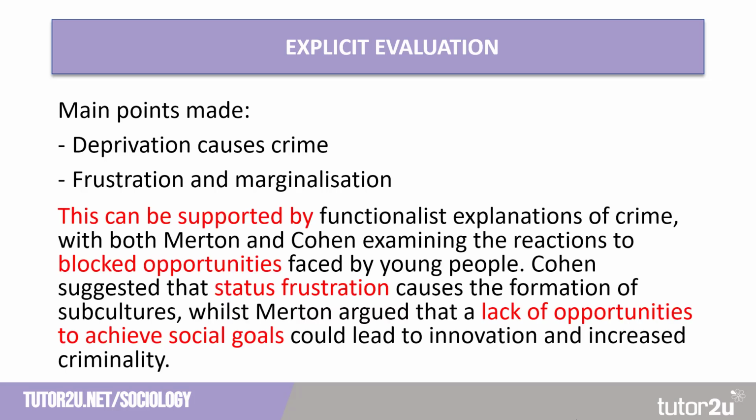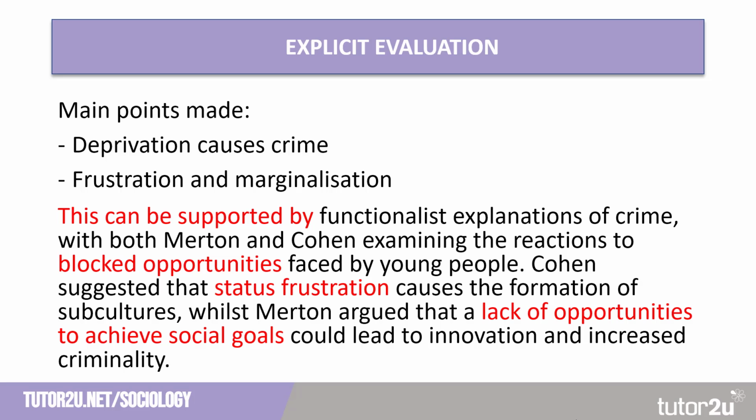I've used functionalist explanations to support left realist ideas. This is a judgment. We are supporting the argument. We do not always have to criticise arguments that are made. You can make a strength, a criticism, an alternative approach, a limitation, or some evidence to support a point that has been made, or even reject a point that has been made.